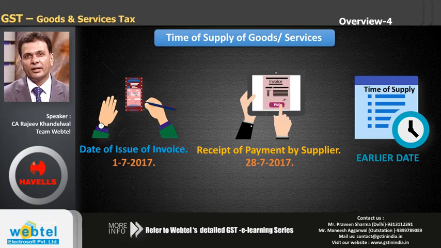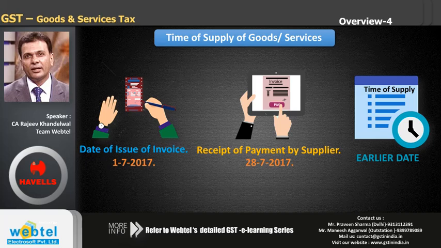But sometimes, probably because of various negotiations, let us say the goods are supplied but no invoice has been issued and no amount has been paid to the supplier. In that case, how long will we have to wait? Will the GST department wait for the taxes till such time that an invoice is issued or payment is received by the supplier?